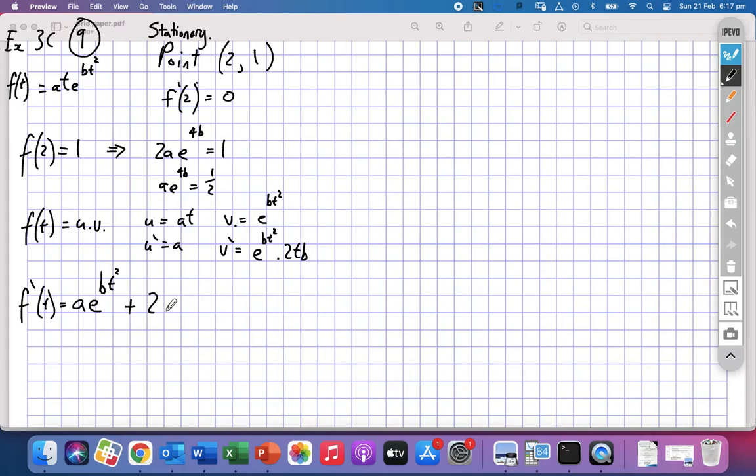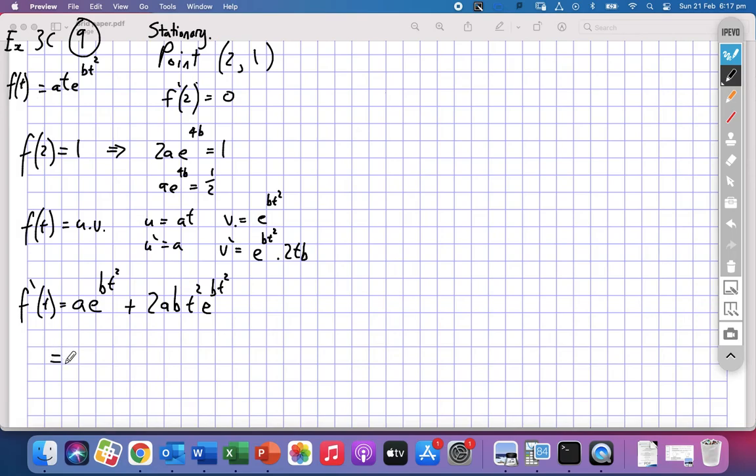Let's do it: a, b, we've got a t times a t, that's a t squared. So did I get everything? I think so. 2tb, 2tb, and an a and a t, yep. And then we've got the same e to the power of expression that we had over here.